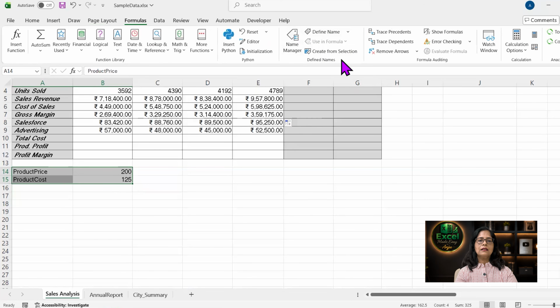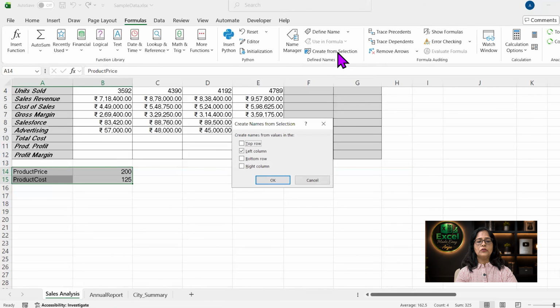A cell has a name already with the column name and the row numbers combined, but we can give the custom name also. So this is a place where we can define the names. One is that you could have given your own names also to the particular cells, but since we have names already written here, I'm going to utilize the same for this. So create from selection is the option that I'm going to use.